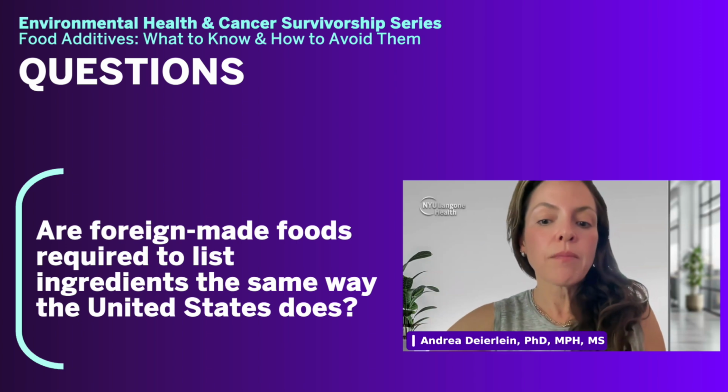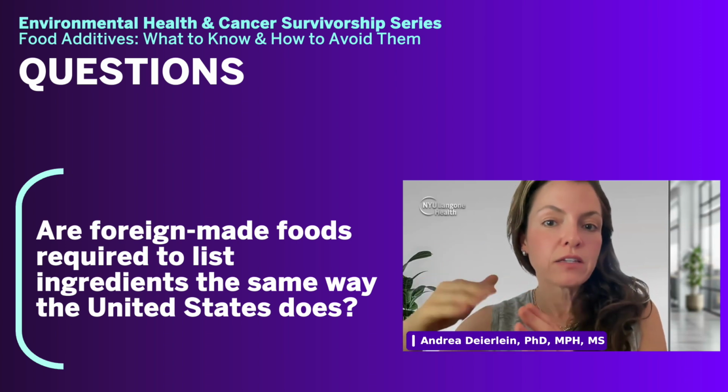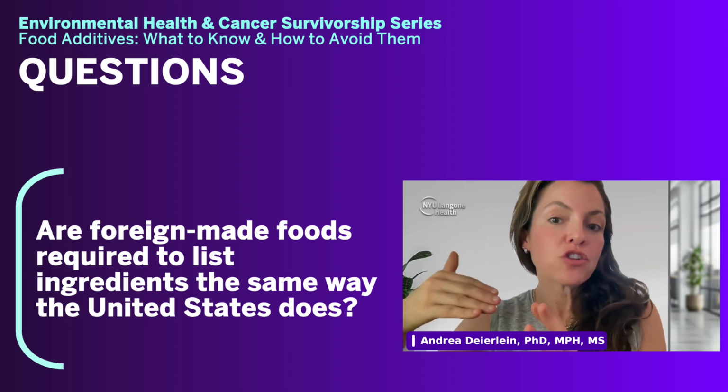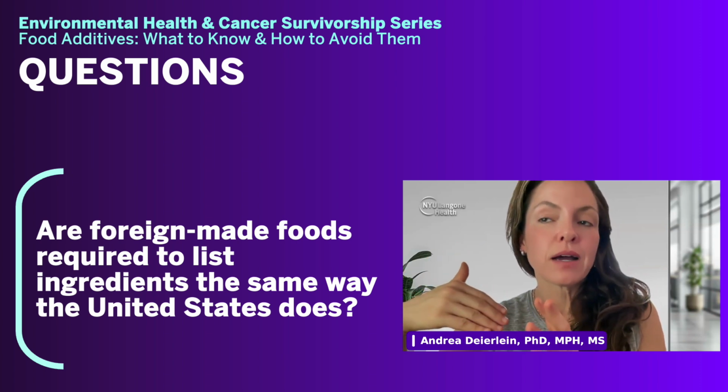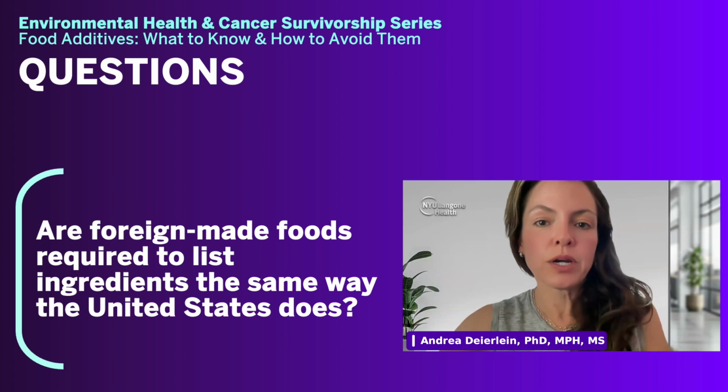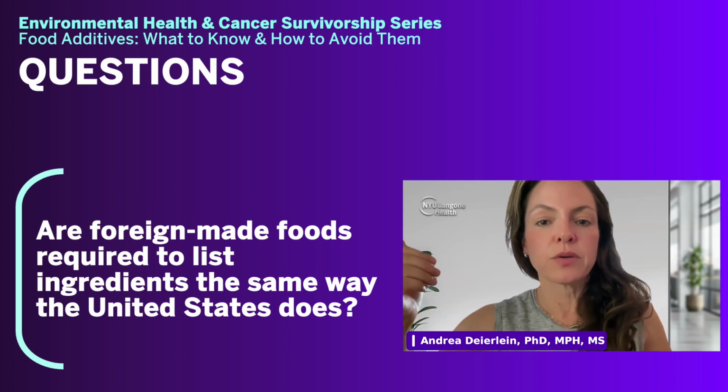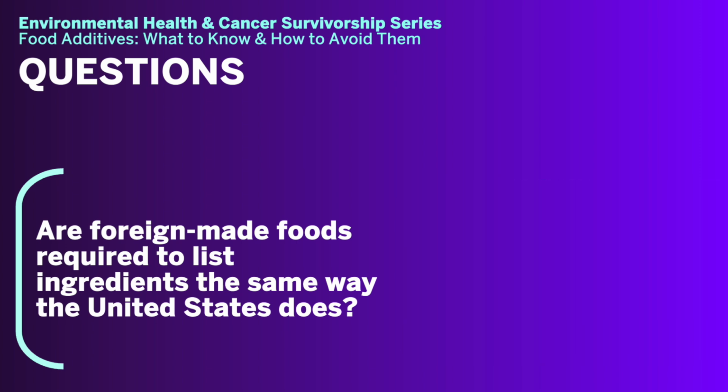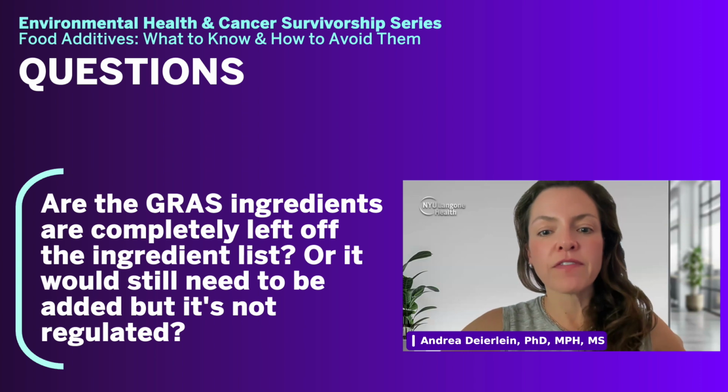So my thought is that depending on where the food is made, they might manufacture it for the rules of that specific country, and they can change it when it comes to the US and put in other ingredients because the US allows that. They're not left off the ingredient list. It's that they don't have to go through FDA approval.